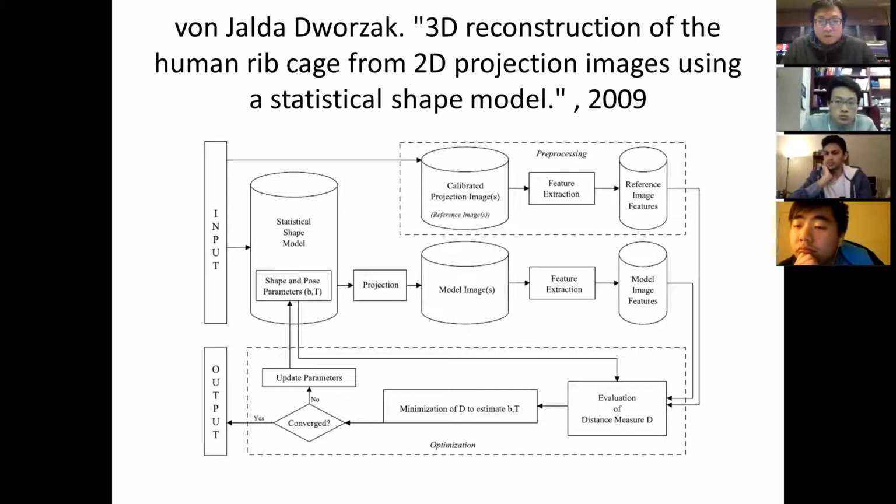But for this case, I think he only needs some input data from the CT scan. For example, just 10 3D shapes, and then he can get some statistical shape model. So I think that is not hard. Okay. Yep. Okay.